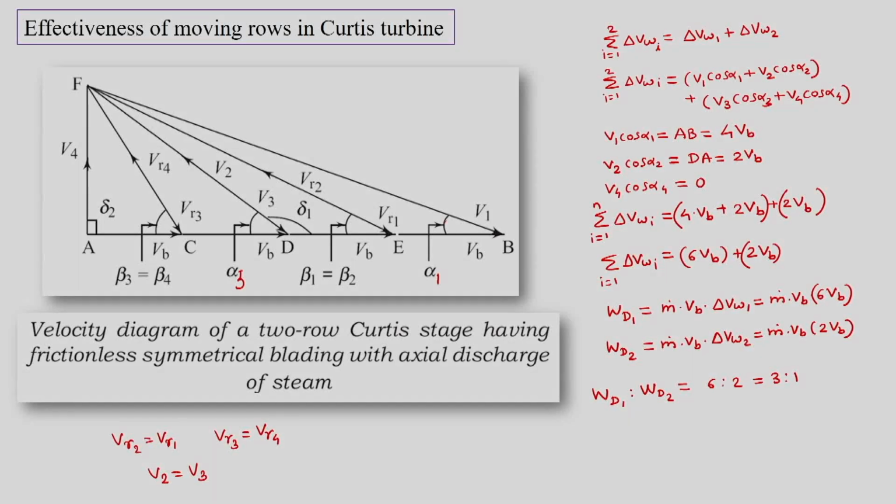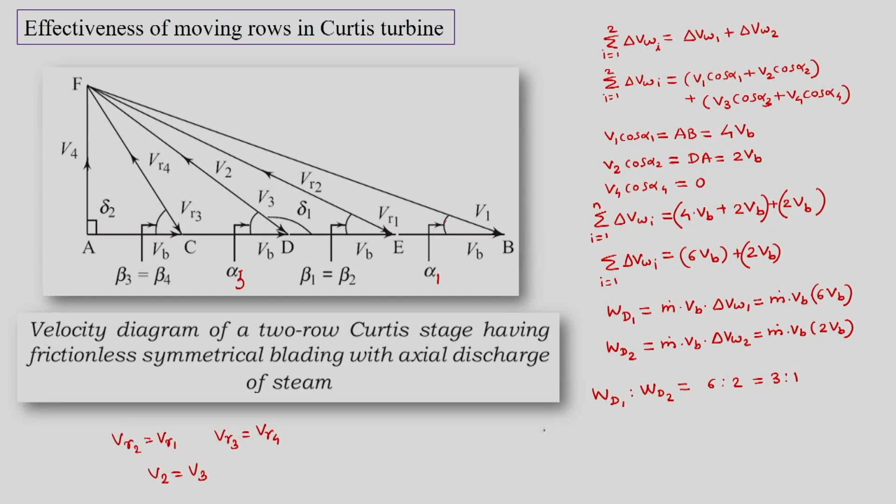So the first stage of the Curtis turbine does basically 3/4 of the work, and the second stage does 1/4 of the work. So total work is 4, like 3 plus 1, but out of 3 plus 1, 3 units of the work are done by the first moving blades and 1 unit of the work is done by the second.